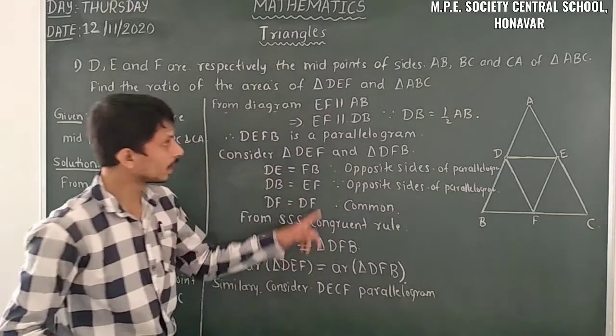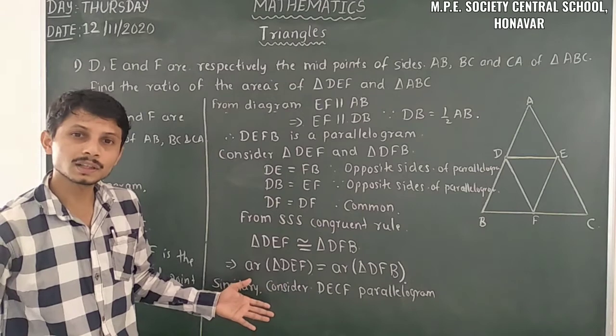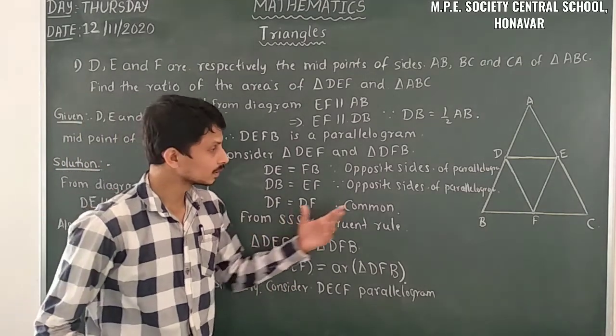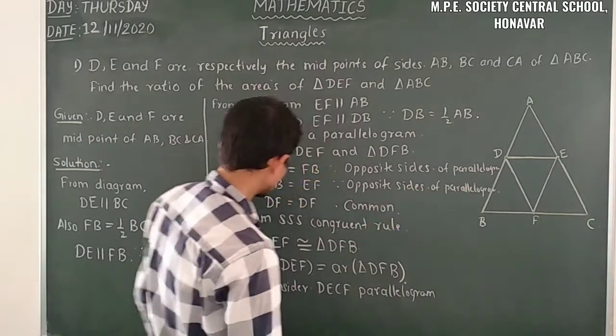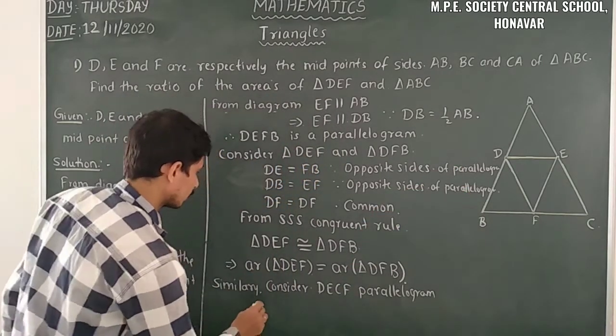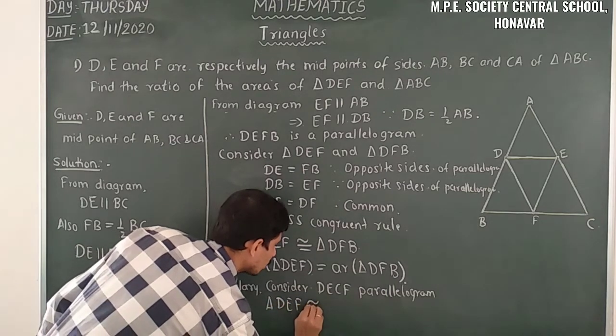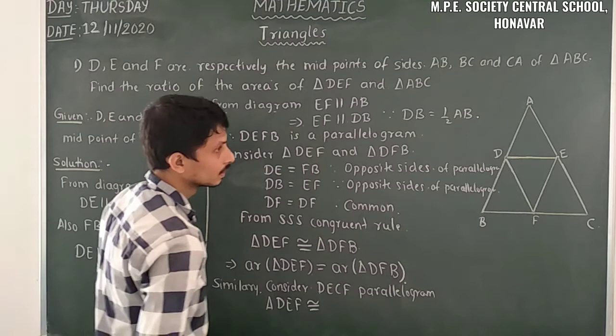That means here also we have to repeat the same things, but instead of repeating, we have to write similarly. So no problem. Yes, here area of triangle DEF is congruent to triangle EFC.